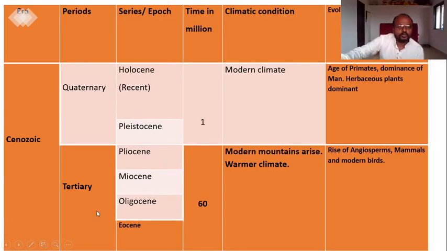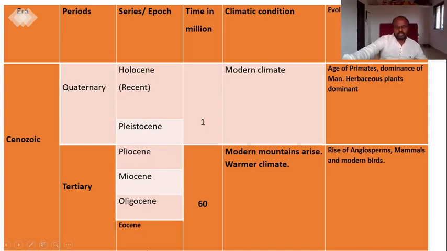And this is the Cenozoic, the recent era. Ceno means recent, Zoic means life form. This is the recent life form, and it is again divided into two periods. The first one is the Tertiary and the second one is the Quaternary. The Tertiary period is divided into different series, that is Pliocene, Miocene, Oligocene and Eocene.